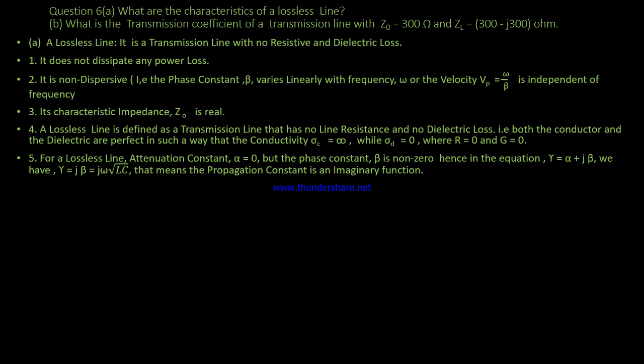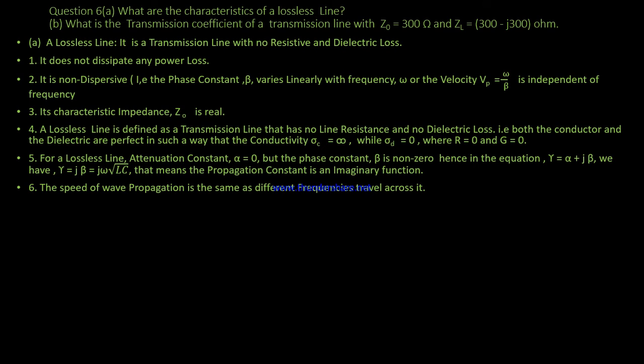We have gamma equals j beta because, as it is given, the attenuation constant is 0, so the propagation constant is imaginary, as related to an LC circuit. We have j omega square root of LC. That means the propagation constant is an imaginary function.